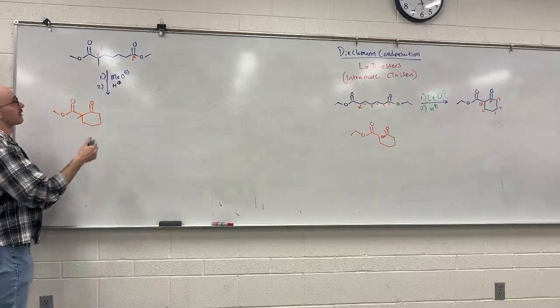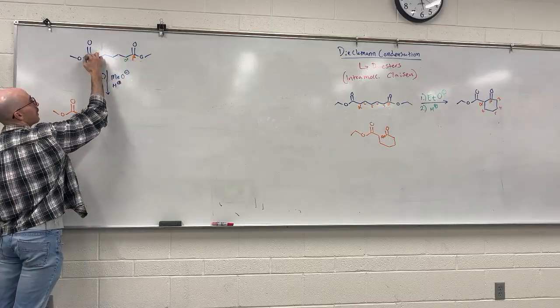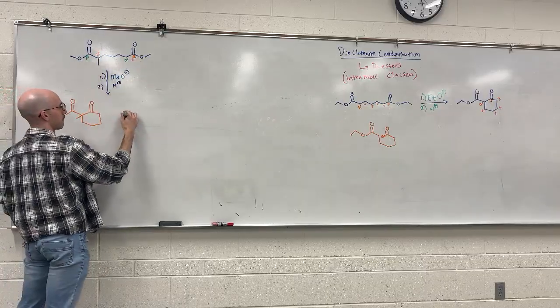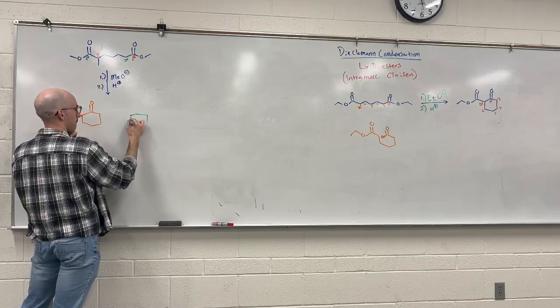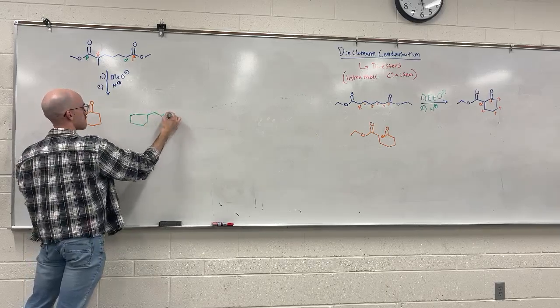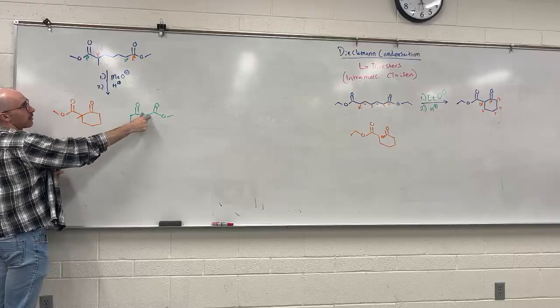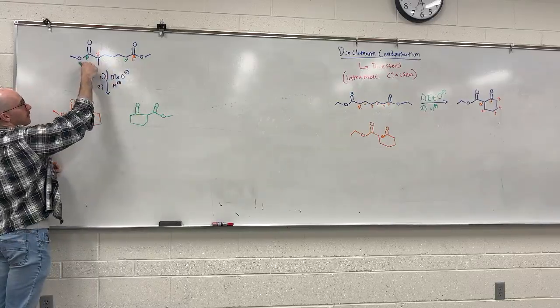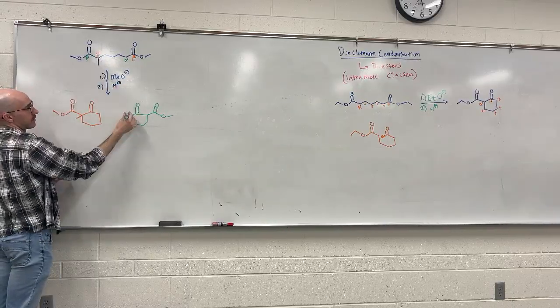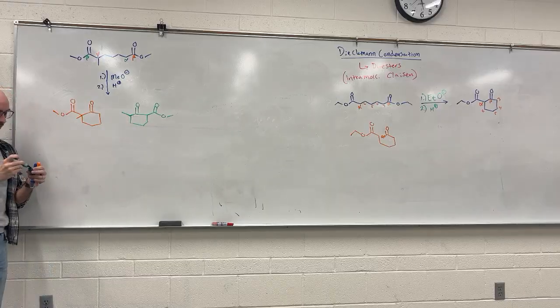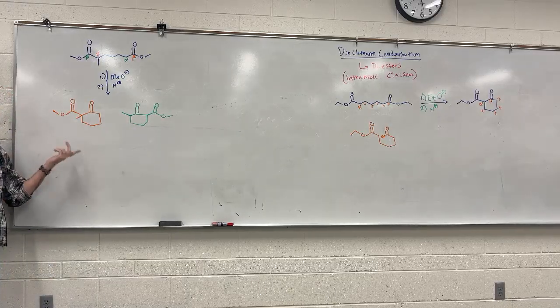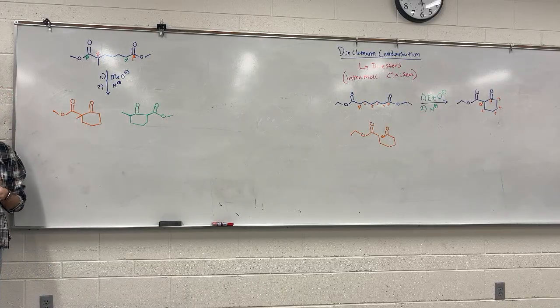In green, if this is my alpha and this is my beta, off of beta is the other alpha position. These are my two possible products.